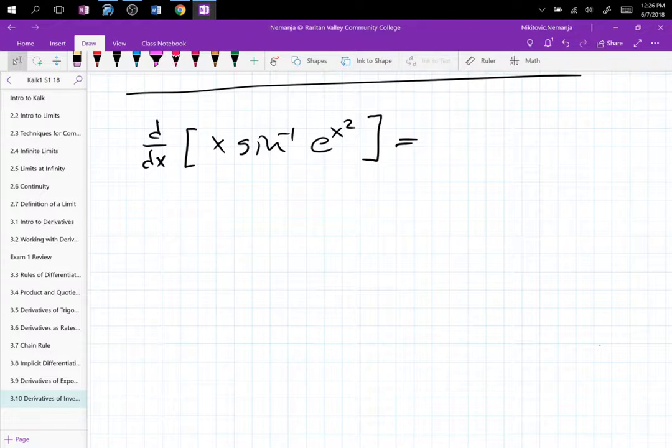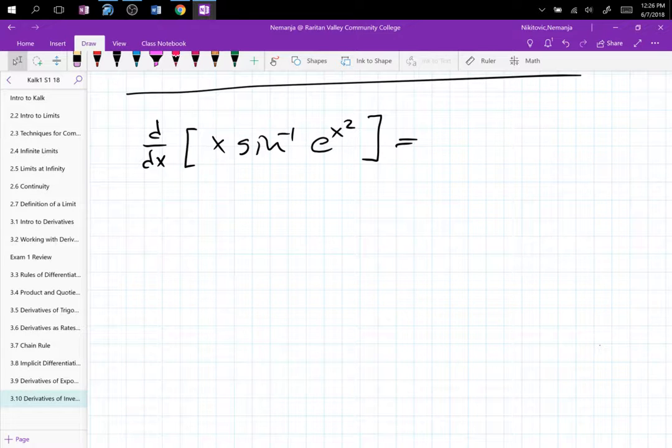Who else thinks it's done? I can go over and say no. It's a product rule.